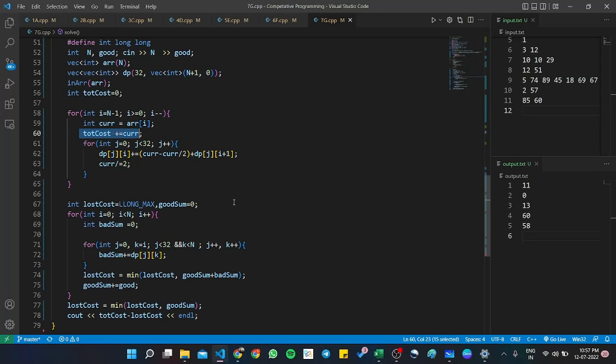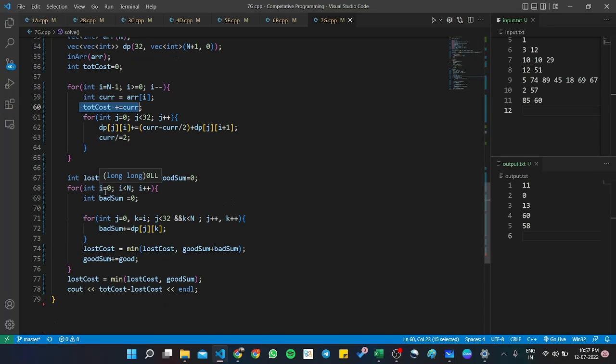Next I try to find the minimum loss cost. I iterate from the first element. My bad sum is initially 0 and good sum is also initially 0. I find the bad sum if I choose this element as the bad key.